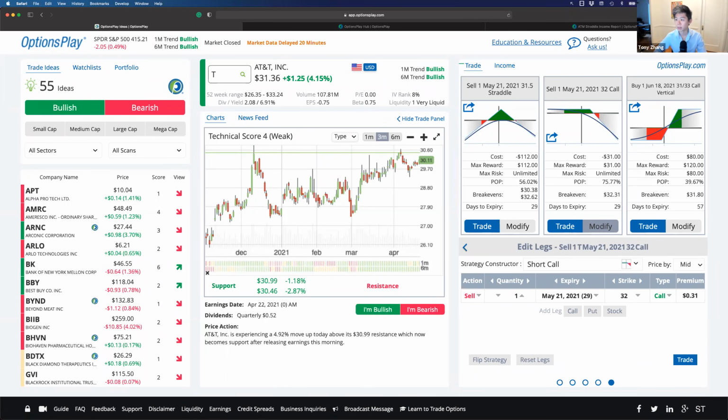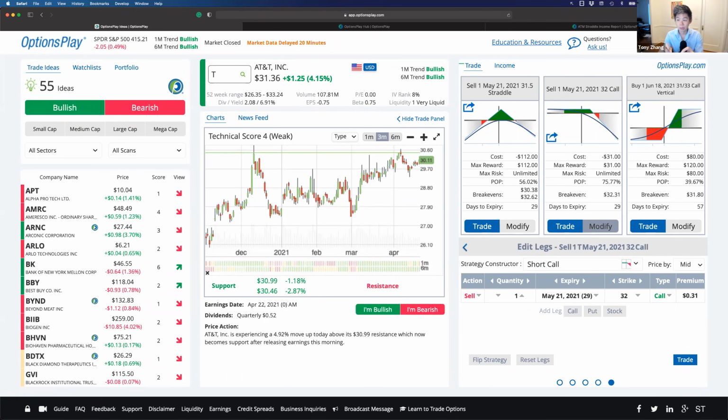What criteria does OptionsPlay use to select spread width and strikes? Are you referring to debit or credit spreads, or which spread are you referring to when you say spread width? Actually, let me take that back. When we select our strike prices, the only thing we look at is deltas.